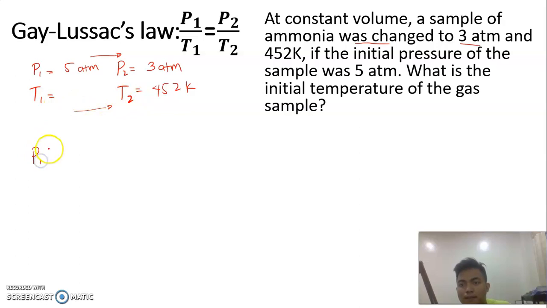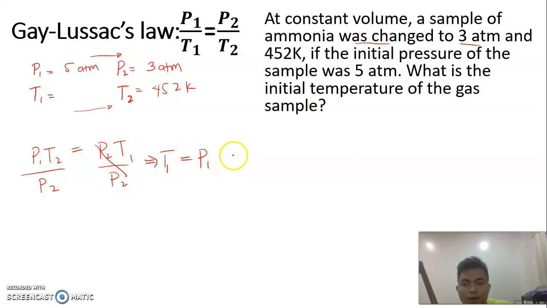So P1 times T2 is equal to P2 times T1. To solve for T1, divide both sides by P2 and cancel P2. So T1 is equal to P1 times T2 divided by P2. So P1 is your 5 atmosphere multiplied by your T2, which is going to be 452 K divided by 3 atmosphere.